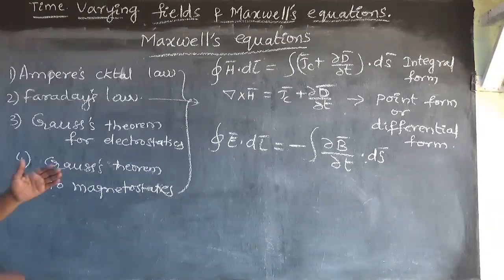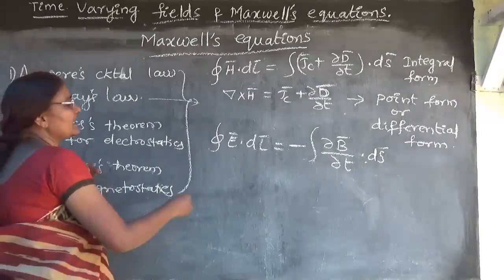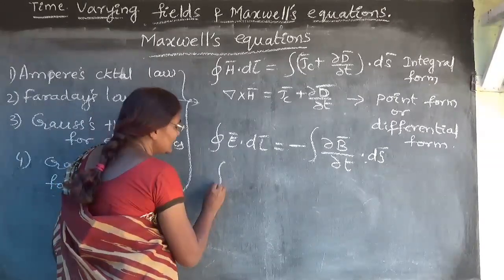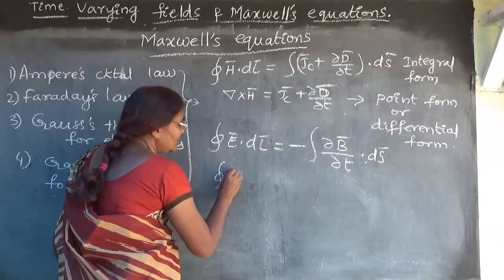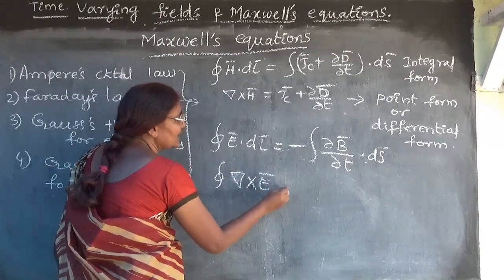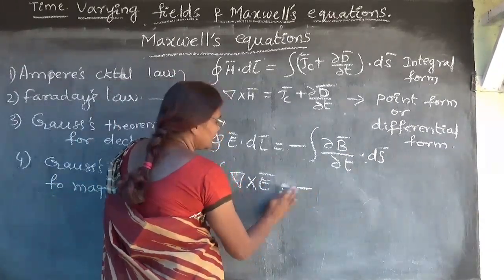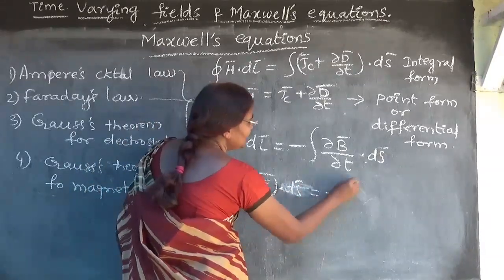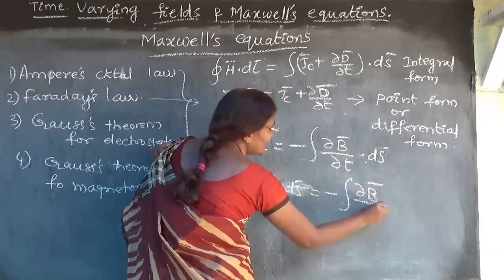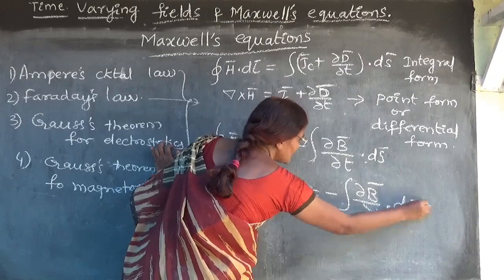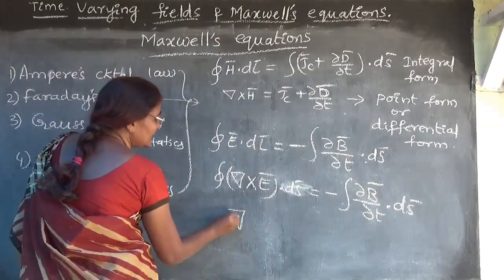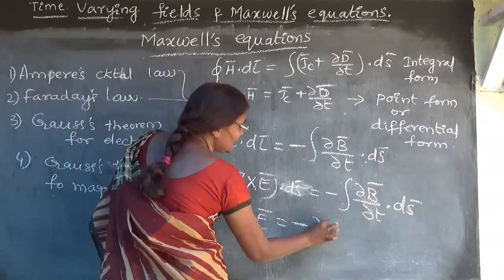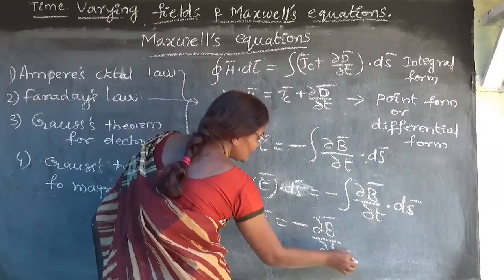Now again, by using the Stokes theorem, we can convert this line integral into the surface integral. So this is going to be the integral of del cross E bar dot ds bar is equal to minus the integral of dou B bar by dou t dot ds bar. So what we will get is del cross E bar is equal to minus dou B bar by dou t.